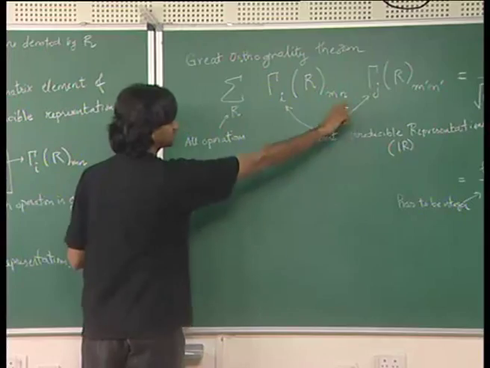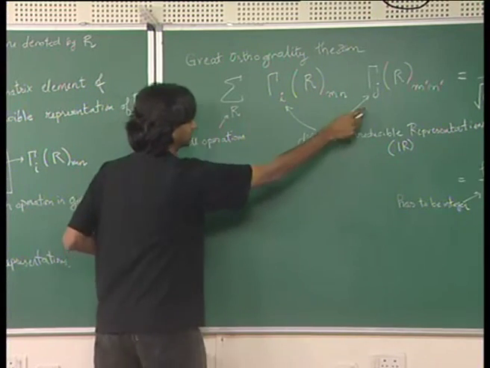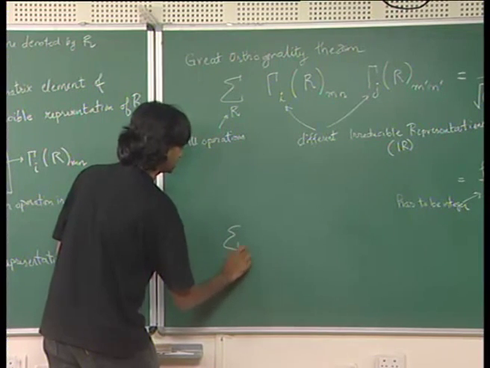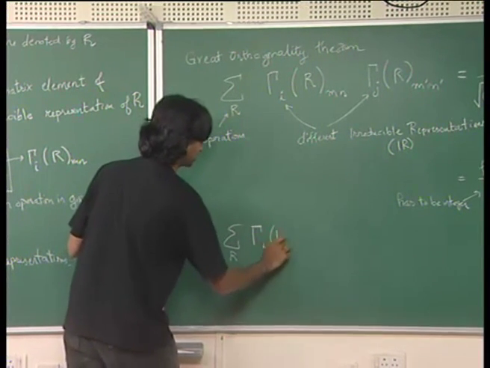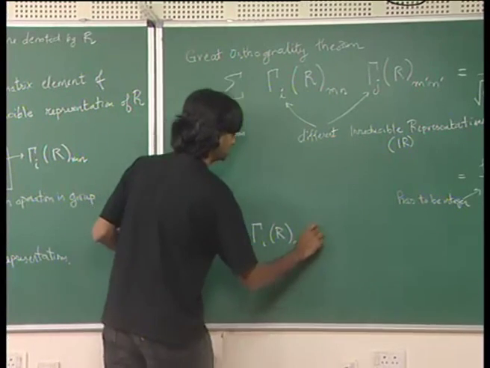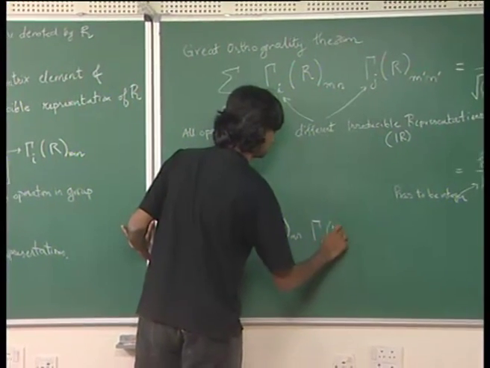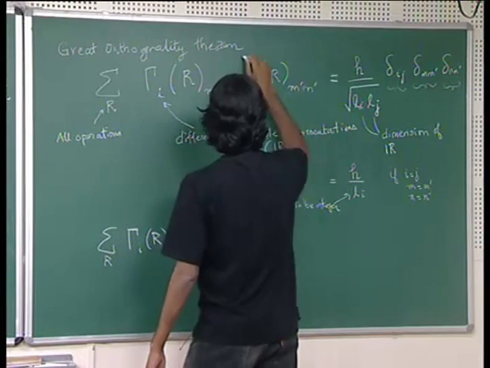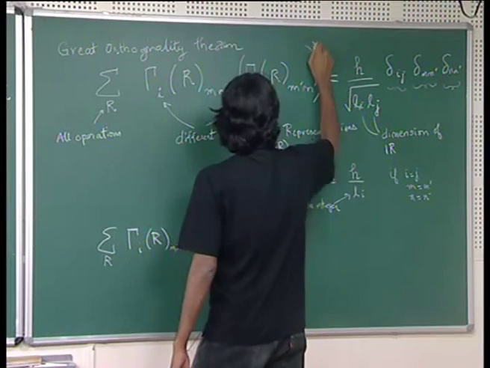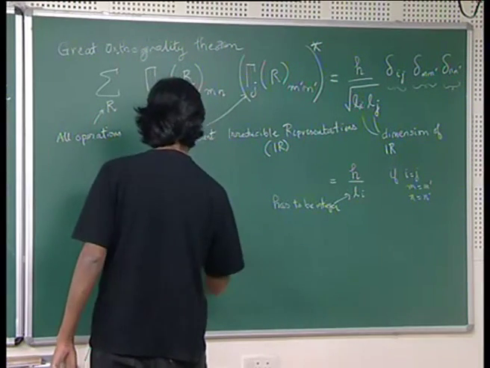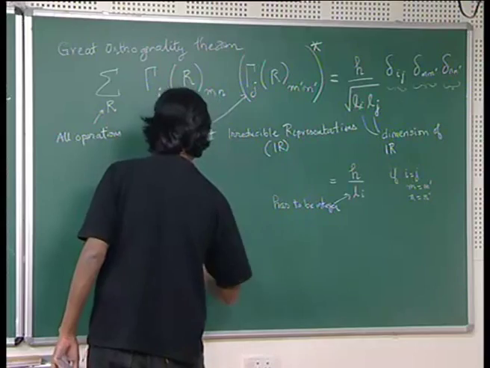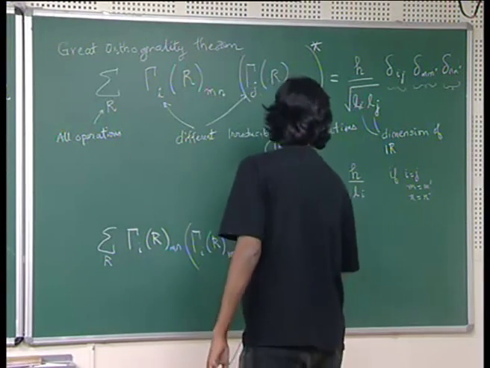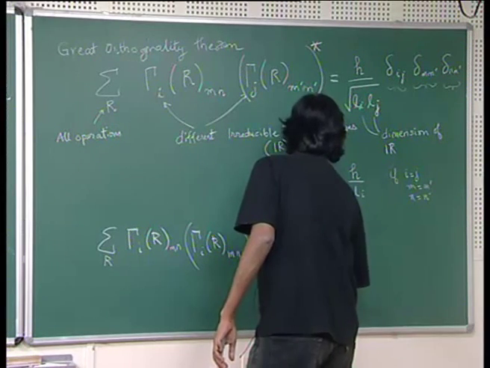Suppose i, m, n are equal to j, m prime, n prime, then you can write this as sum over r of gamma i of r m n times gamma i of r m n star, the complex conjugate. This is equal to h by l i.